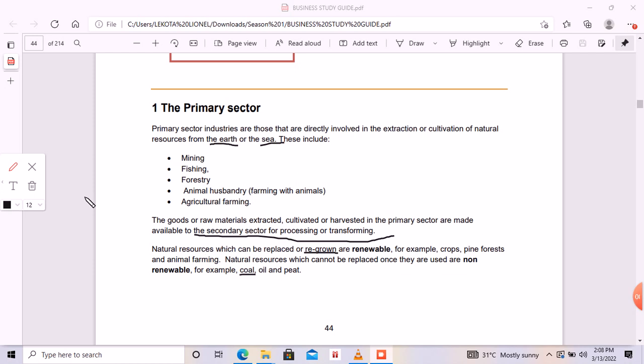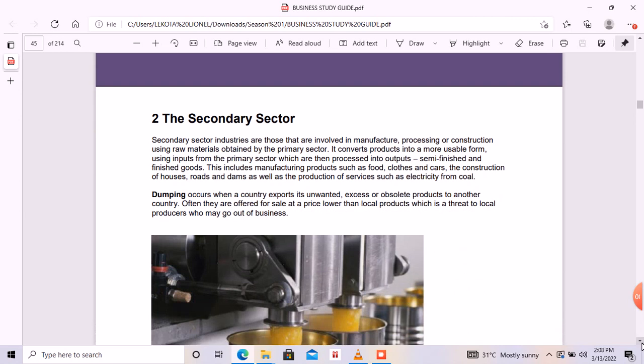And then now, I want us to look more at the secondary sector. Remember, there's no secondary sector without the primary sector. That's why they are saying that the secondary sector industries are those involved in the manufacturing process, the processing, or the construction using raw materials obtained by what? By the primary sector.